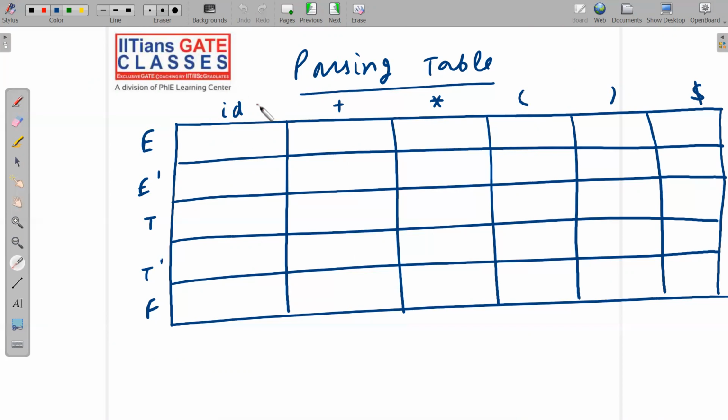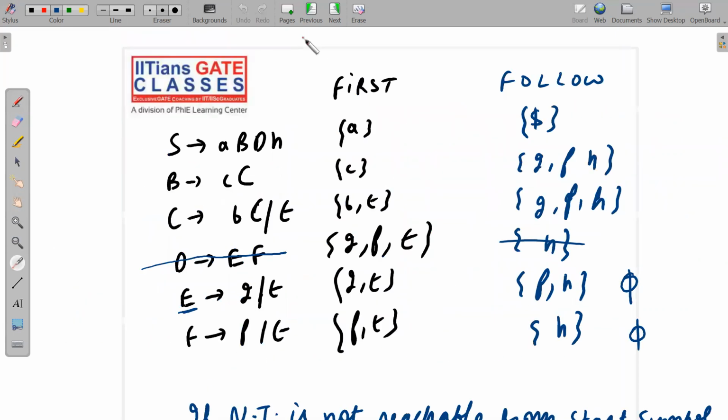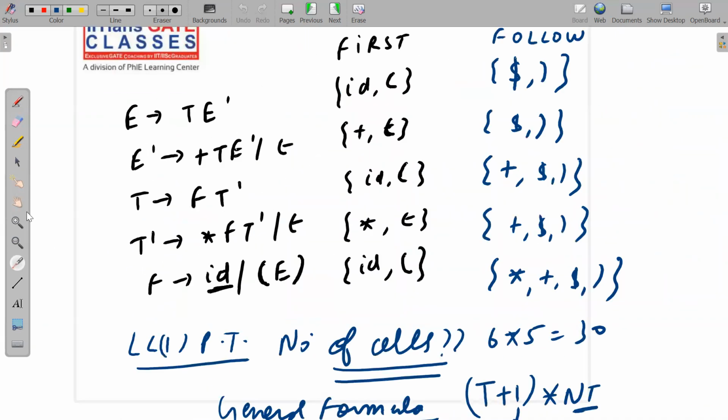So if we read this ID as a symbol in the string and we are on capital E, which production rule should we choose? We will go to first of capital E, which is ID and opening bracket.